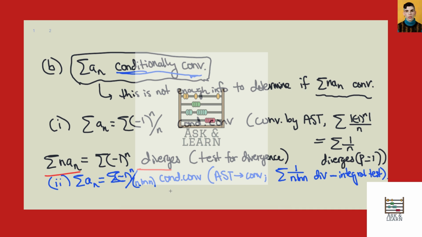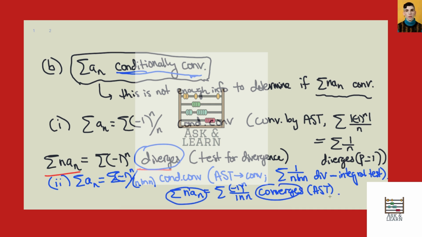Now let's look at the sum of nAN. That becomes -1 to the n over natural log of n, and this series does converge by the alternating series test. So we gave two examples, one in which the sum of nAN diverged, and another in which it converges, and that solves part B of this problem.